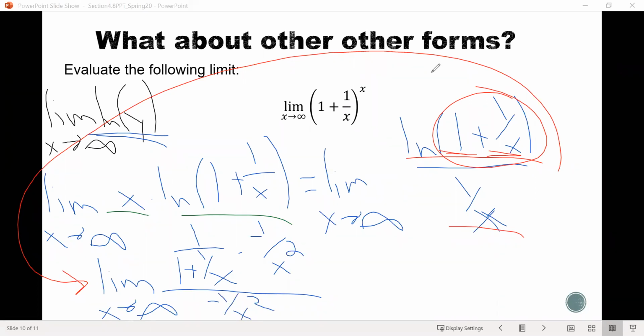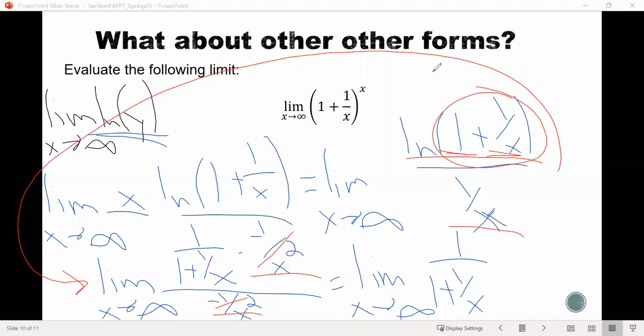And notice what that has done for us is we have negative 1 over x squared on the top and negative 1 over x squared on the bottom. So we can cancel those. And this just becomes the limit as x goes to infinity of 1 over 1 plus 1 over x.